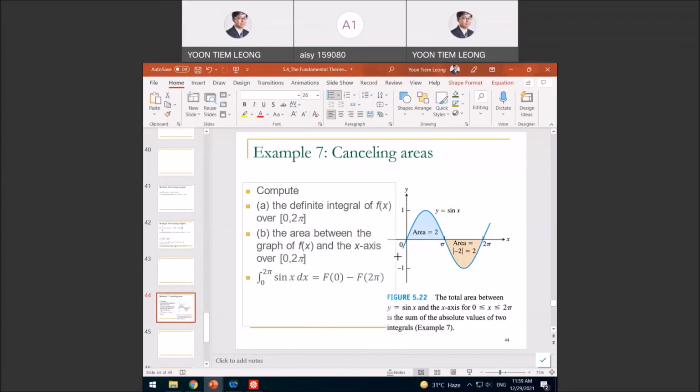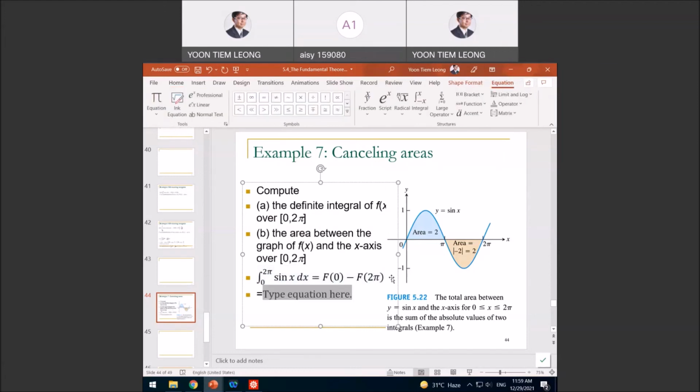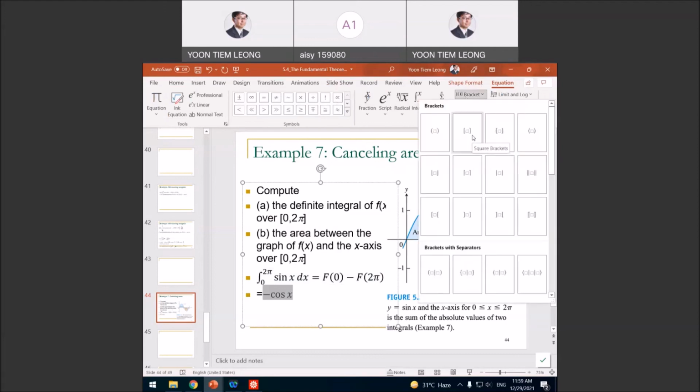I need a little bit of space. So then this is equal to the antiderivative. The antiderivative of sine is actually not cos x, it's minus cos x. So I need a bracket to evaluate the difference between them.